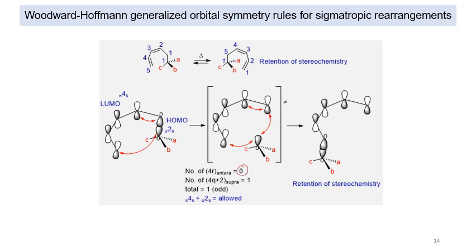How many 4q plus 2 supra components do we have in this particular case? We have 1 4q plus 2 supra component where q is 0. Therefore, we have 1. The total is odd. Therefore, this is thermally allowed. So the pi 4s plus sigma 2s is thermally allowed. Since this is supra, this will lead to retention of stereochemistry.